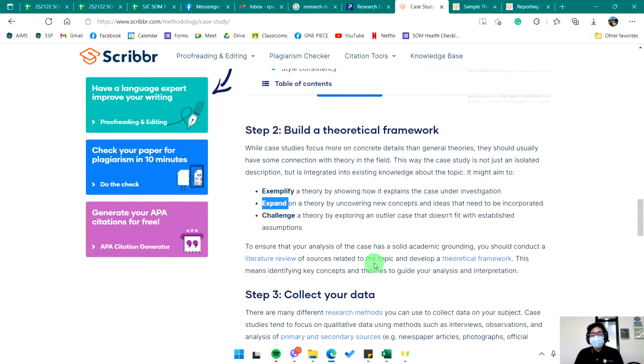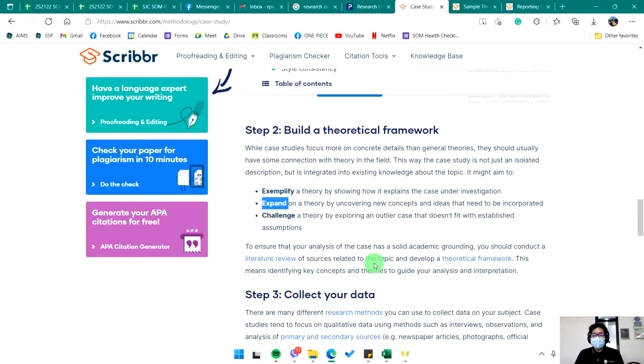Parang ganun. So, you will find literatures from conducted researches, from local newspaper articles, from journals, 'di ba? Pwede na kayong maghanap, kayo na bahala.